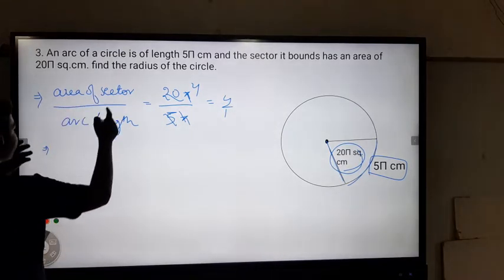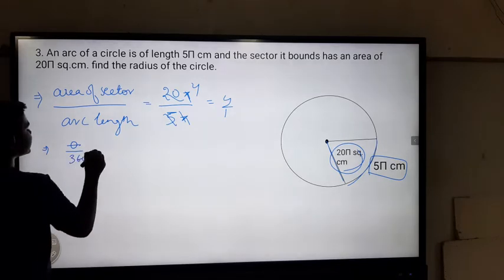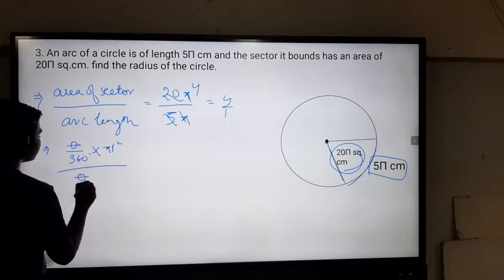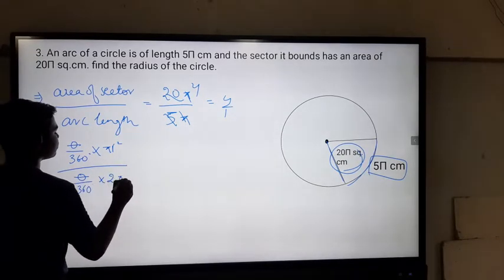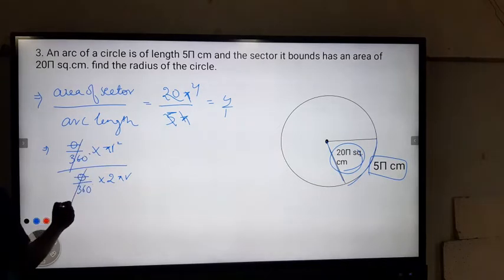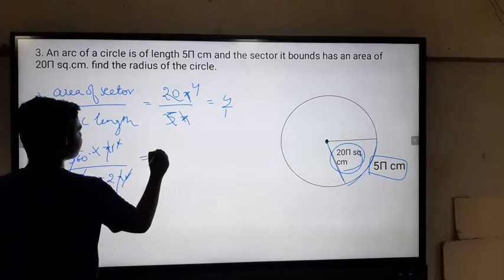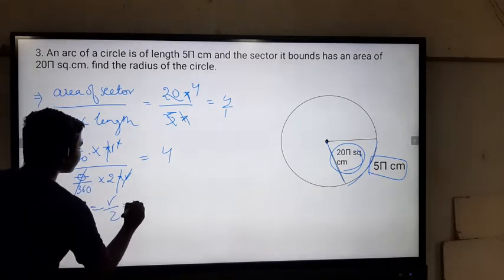Then the area of the sector is theta by 360 into pi r square, divided by theta by 360 into 2 pi r. So this and this will get cancelled, both pi will get cancelled and one r is cancelled, equals to 4. So here we got r by 2 equals to 4.